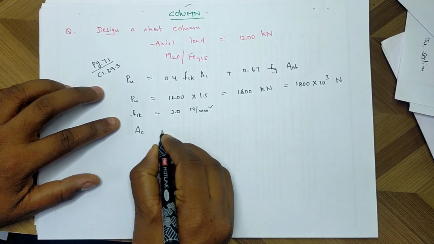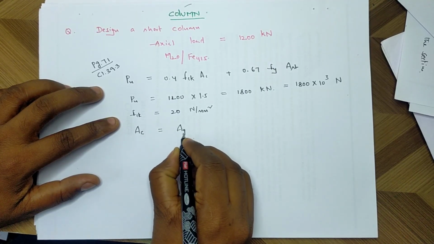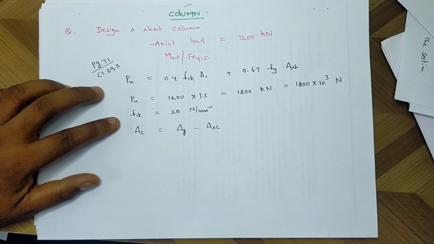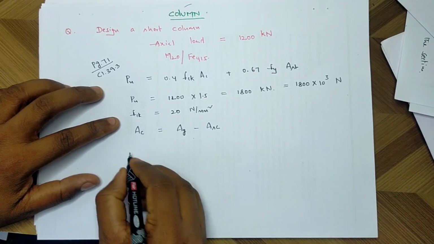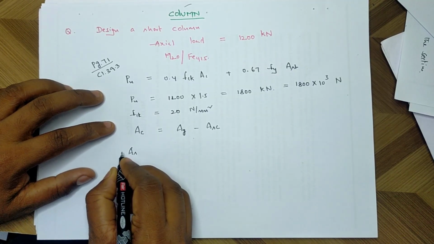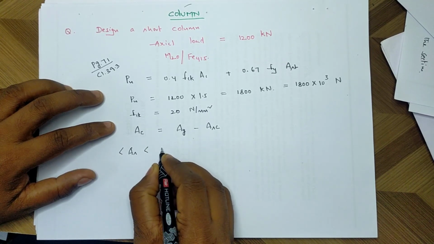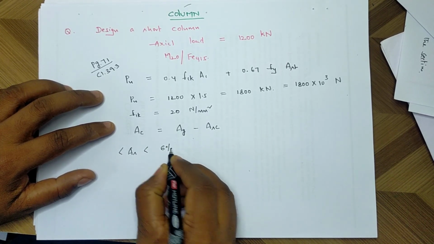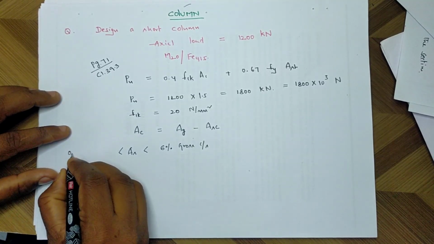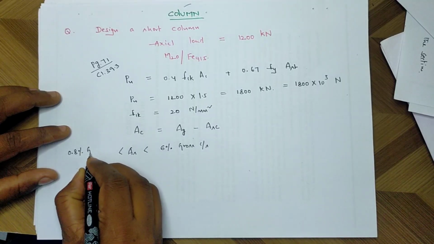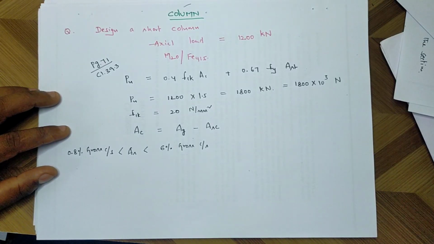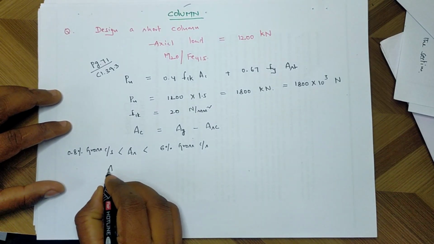Ac means area of the concrete, which is equal to gross area minus area of the steel. As we know, area of the steel should be in the range of less than 6% of gross cross-sectional area and greater than 0.8% of gross cross-sectional area.